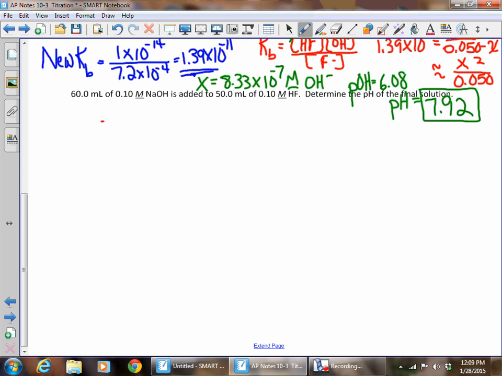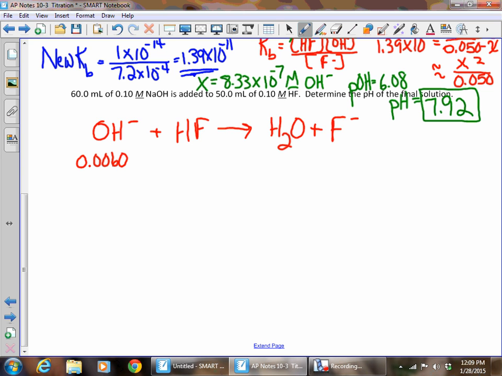We've still got the same situation. The strong is reacting with the weak. It's driving the reaction. We're going to get H2O plus the F minus. And now we have, if you do the calculation, 0.0060 moles of OH minus and 0.0050 moles of HF.